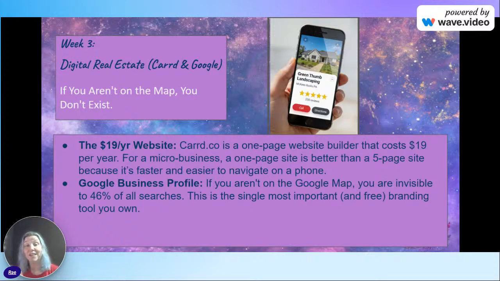But here's the plot twist. Claiming your digital real estate costs either $19 a year or absolutely nothing. So if you're not showing up online, it's not a money problem. It's a not knowing what to prioritize problem. So let's fix that right now.